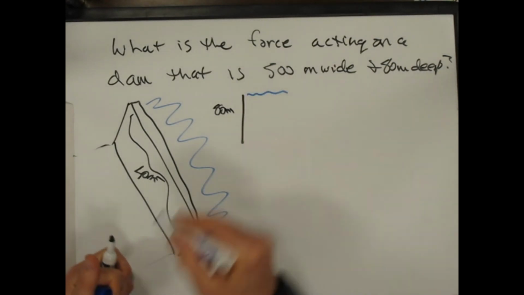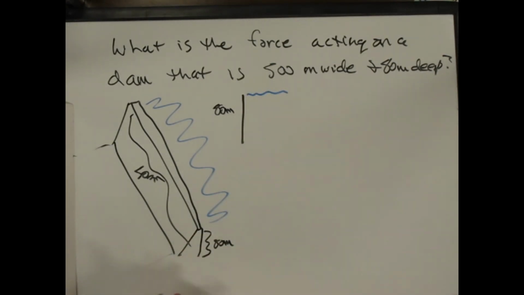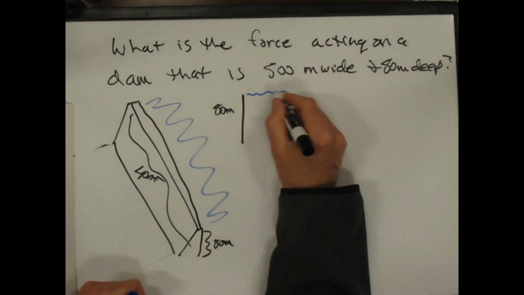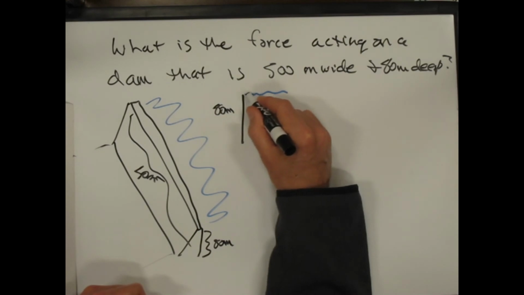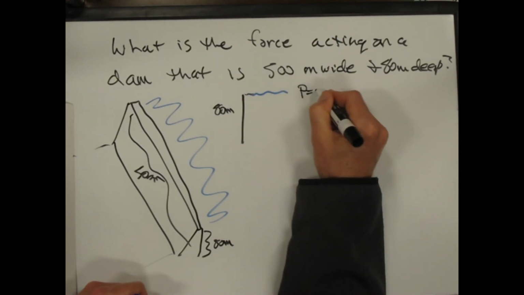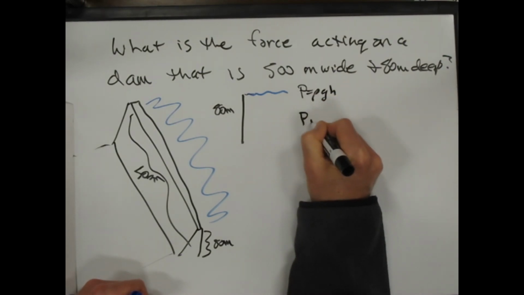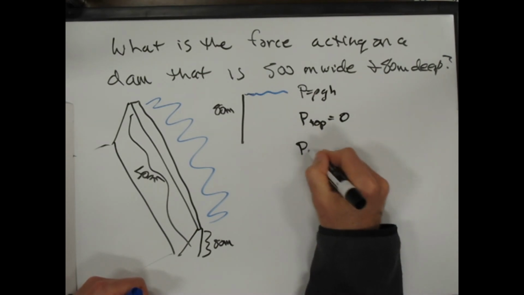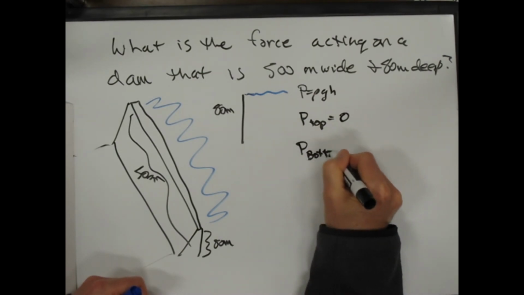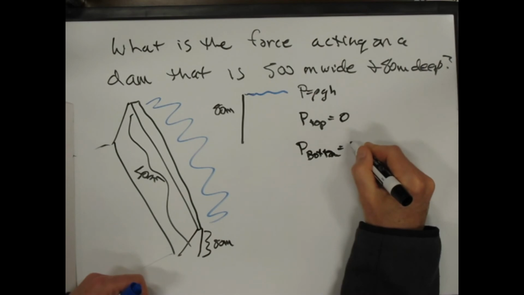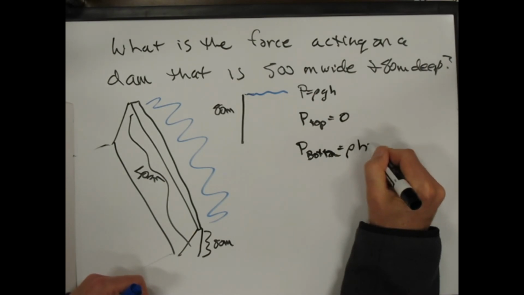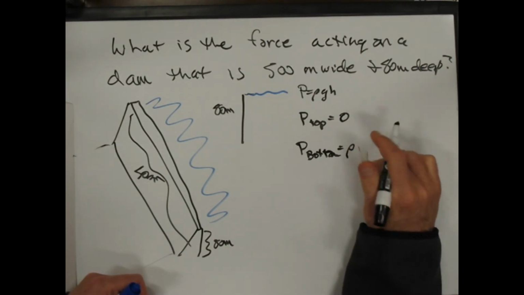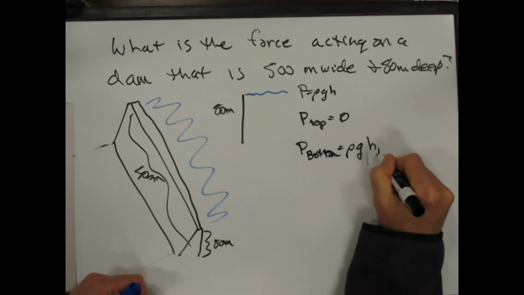and there's my water, we can say, well, if we're just looking at the gauge pressure, then the pressure at the top is 0. If the pressure is rho gh, then the pressure at the top is 0, or the gauge pressure, and the pressure at the bottom is the density of water, rho, times g, times the height down to the bottom.